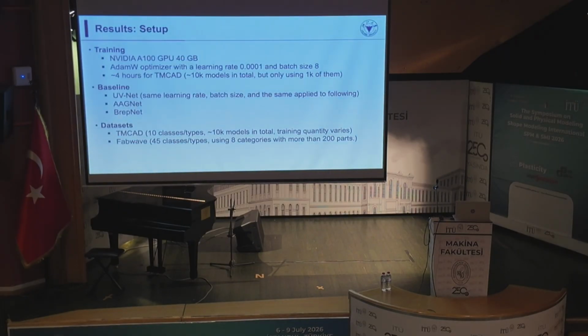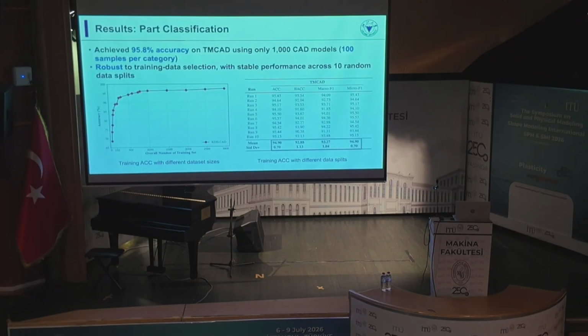The experiments evaluate KDH-CAD on CAD part classification and retrieval tasks. We use CAD and Fabric datasets and compare KDH-CAD with some representative CAD learning baselines, including UV-Net, AAGNet, BRepNet, and BRT. The results show that KDH-CAD achieves higher accuracy even with limited training data.